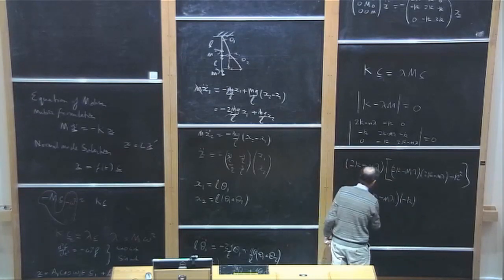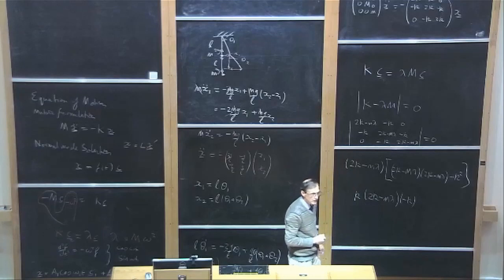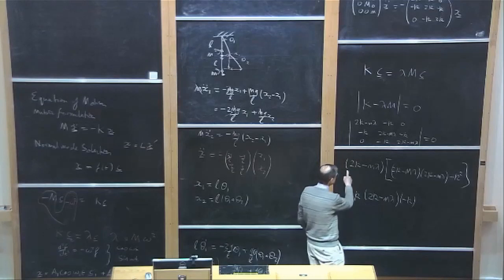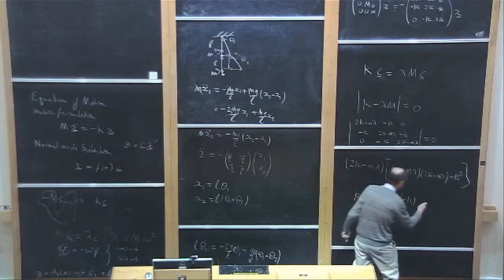And you'll observe, and if you rush into multiplying it out you might miss this, that 2k minus m lambda is a common factor here.